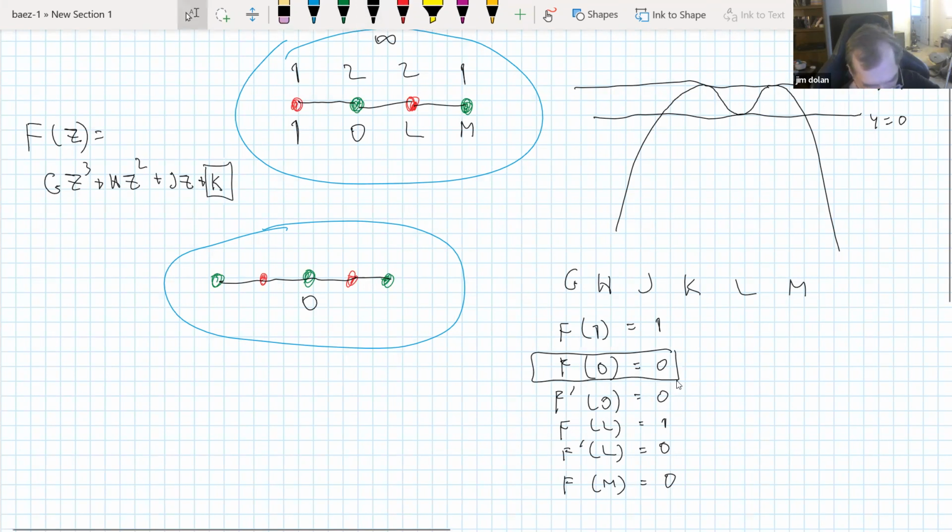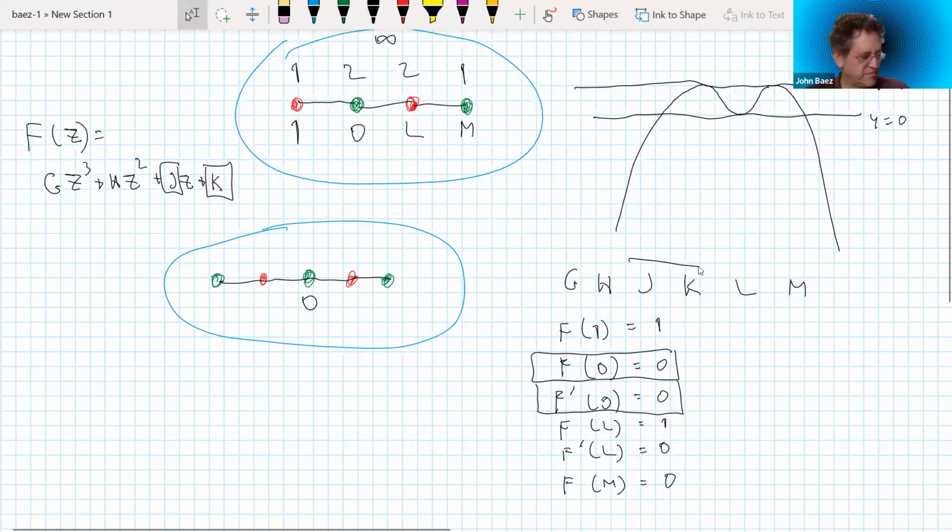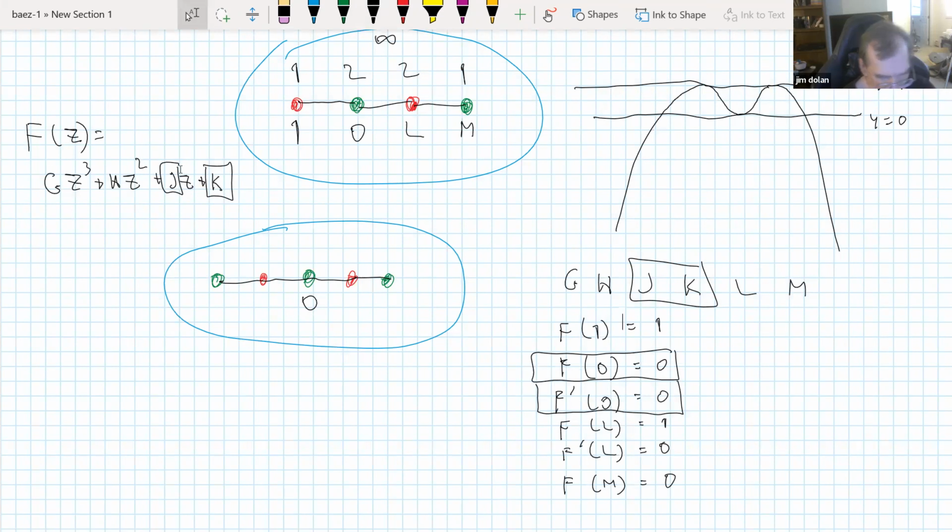And this next one is working in a very similar way. That's just going to eliminate J for us, because when you take the derivative of f and then evaluate at 0, the only thing you really see is J. So we're down to 4 equations in 4 variables.